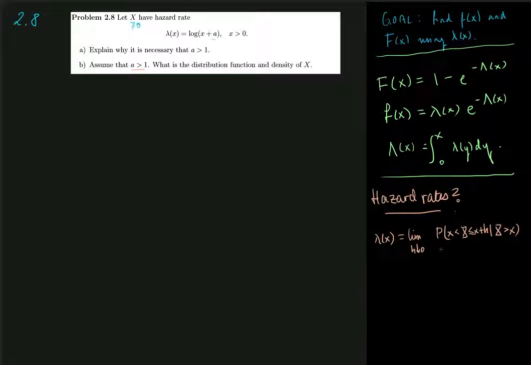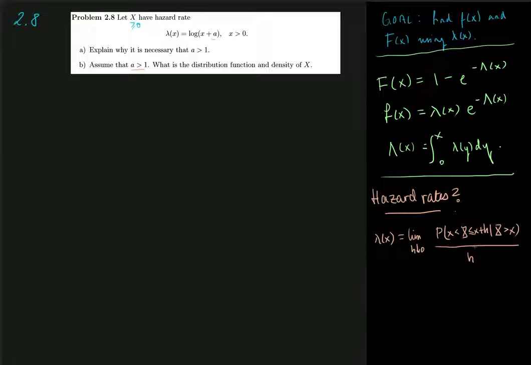Consider this probability and divide by the length of this interval, and let the length of this interval decrease towards 0. So it's a kind of immediate probability. Given that x is greater than some value, what is the immediate probability that x attains exactly that value?